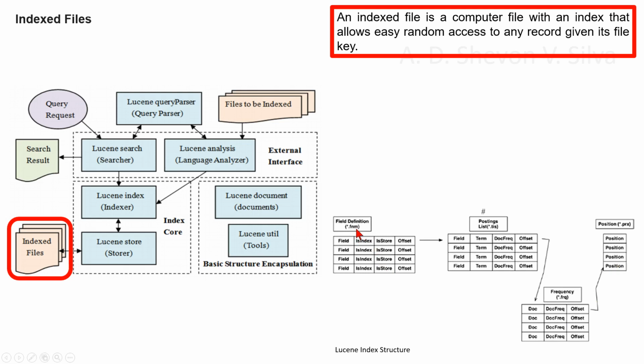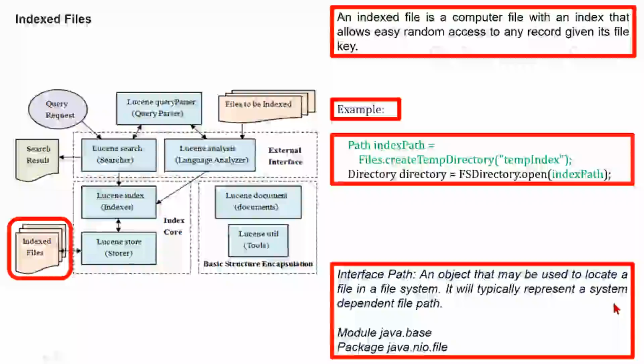Here the field definition .fnm file is connected to a posting list .tis. It is connected to a frequency file .frq, and it is connected to a positions file, here the .prx. We can consider this as an example. Here the interface Path is an object that may be used to locate a file in a file system.